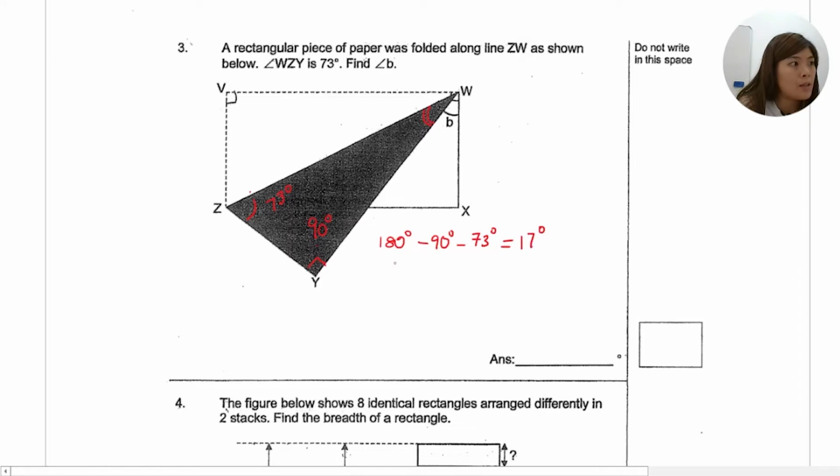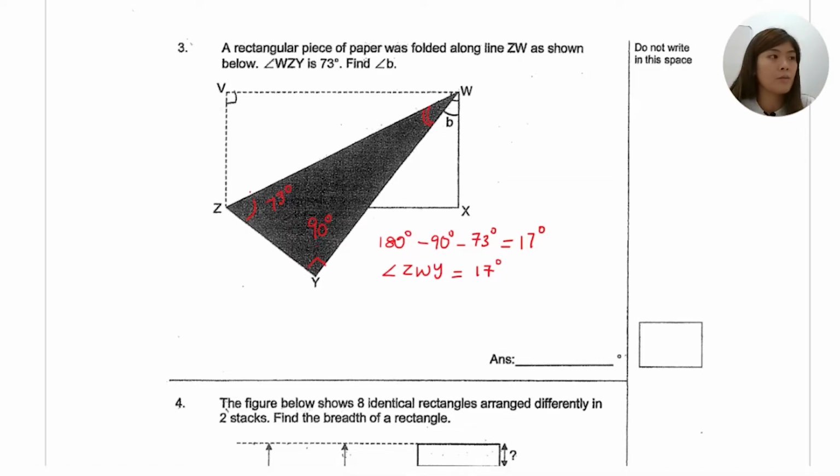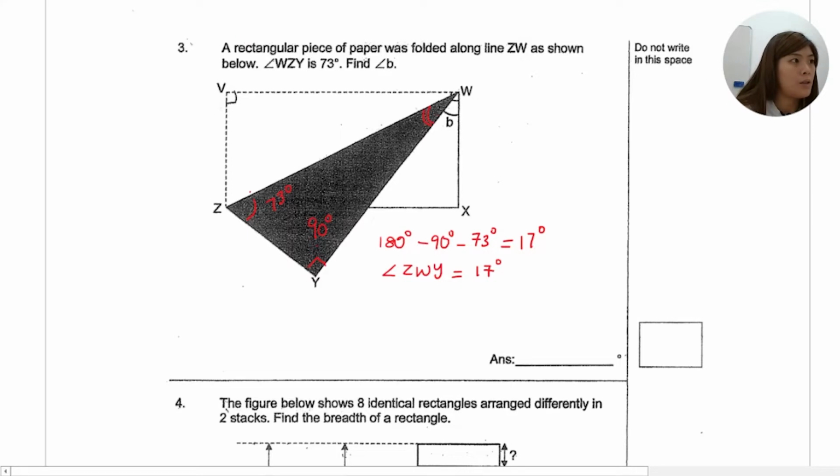So angle ZWY is equal to 17 degrees. The next step: here is 17 degrees as well. So here is 17 degrees, correct?